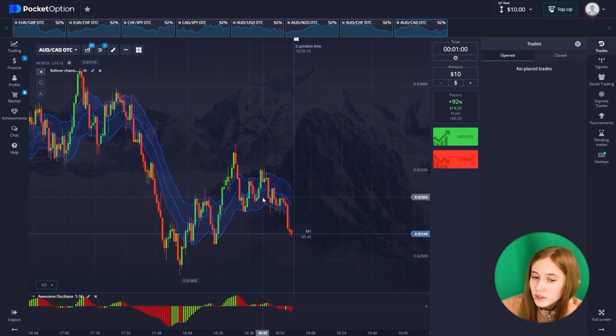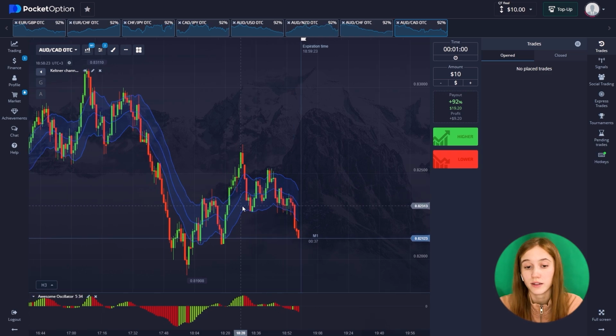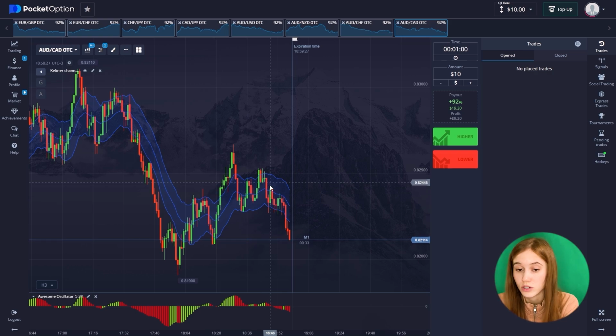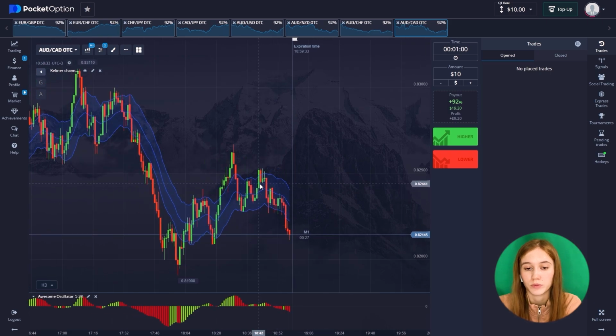So the Keltner channel is a volatility-based technical analysis indicator to help determine the trend in the market. Like other similar indicators, for example Bollinger Bands or Donchian channel, it's based on the principle of channel movements. We'll move in the direction that our channel shows us.